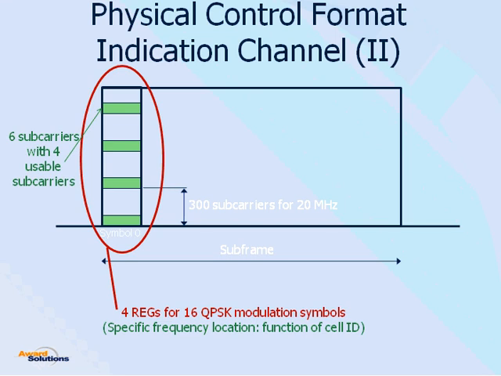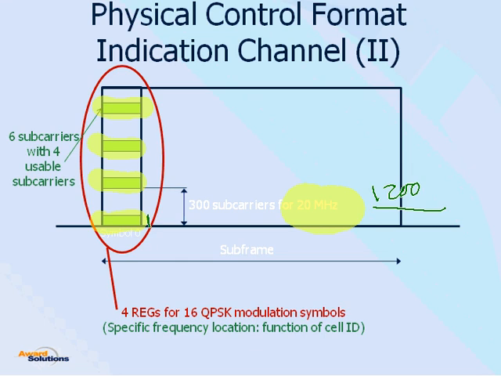Where will you find that channel? Well, very easy. Basically, it is sent, distributed in 4 different chunks throughout the spectrum. So if I have 20 megahertz spectrum, then I have 1200 total subcarriers. I want to send this channel uniformly spaced.